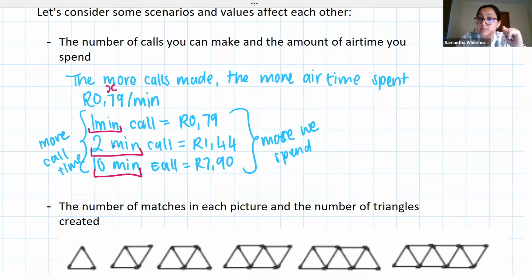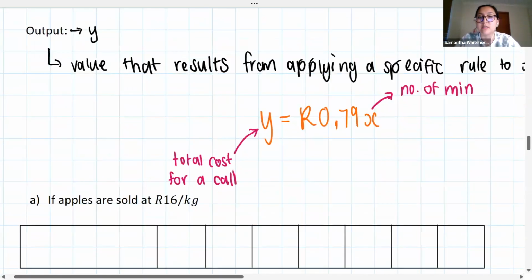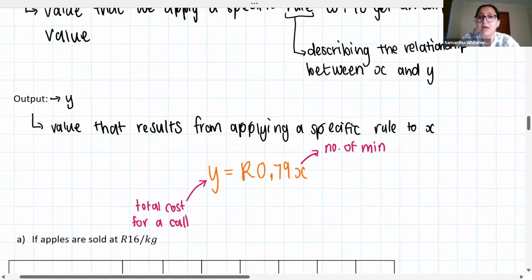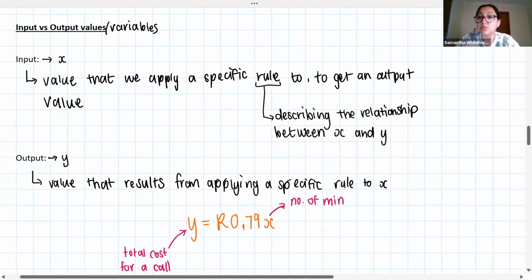They are how long I spend on my call. That is going to determine the cost of my call. Those are my output values. They are dependent on how long my phone call is. And from this information, we were able to find a specific rule that applies to that relationship.